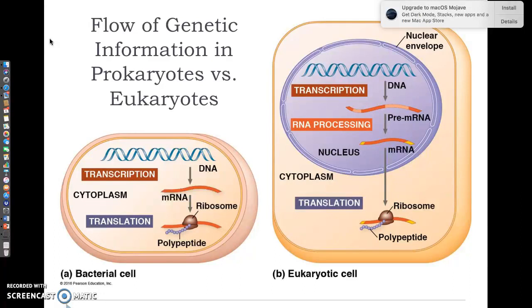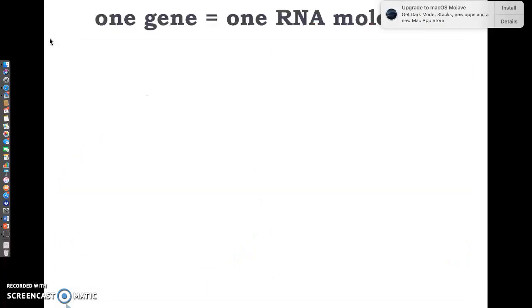The RNA, being a single strand, is able to leave the nucleus through a nuclear pore, go into the cytoplasm, and make its way to that ribosome in order to be read and the protein to be synthesized. Again, a process known as translation. Please remember, one gene equals one RNA molecule.